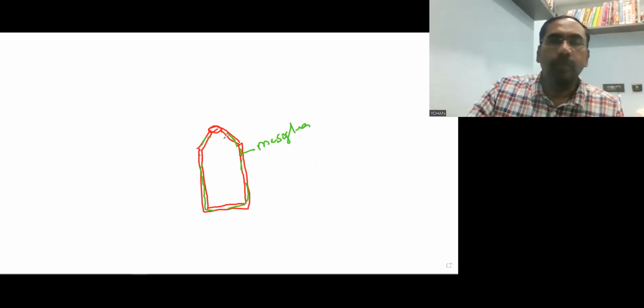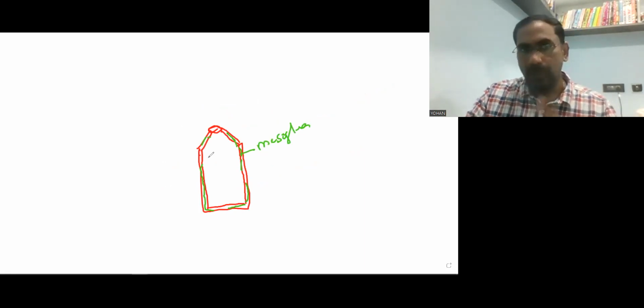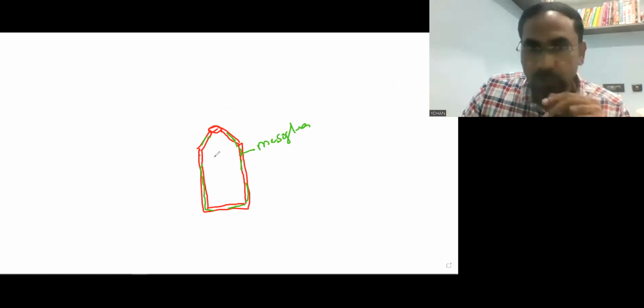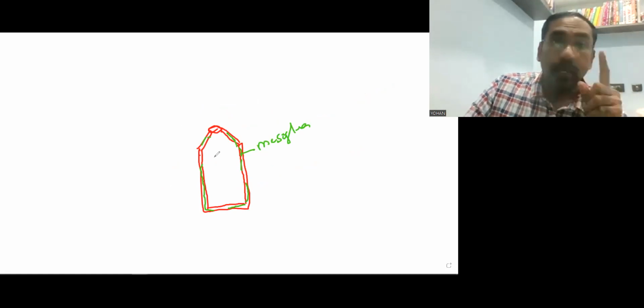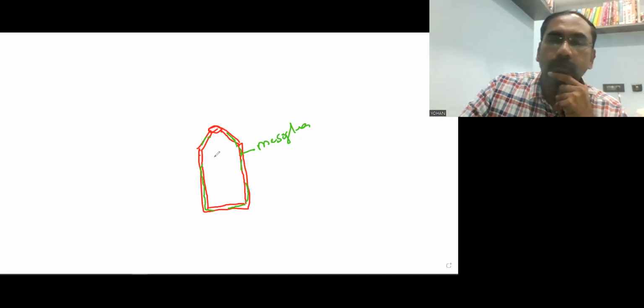Look at here. Diploblastic consists of two germ layers. And here the body wall encloses a cavity called gastrovascular cavity, or simply called GVC.